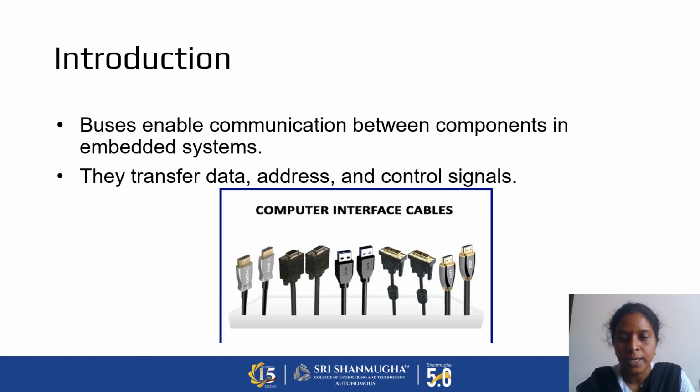The data can be transferred through these communication cables. The data can be defined as data signals, or address and control signals. Here I have shown some different interfacing cables that are suitable for a computer.